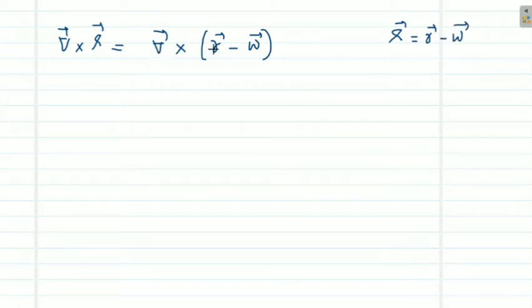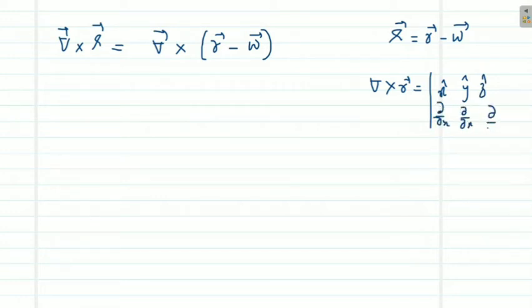Now del cross r bar is 0. Del cross r bar is x cap, y cap, z cap, dou by dou x, dou by dou y, dou by dou z, and the components of r bar are x, y, and z. So if you find its determinant, you will have terms like dou z by dou x, dou y by dou z, and so on, which all will be 0. So del cross r bar is 0.